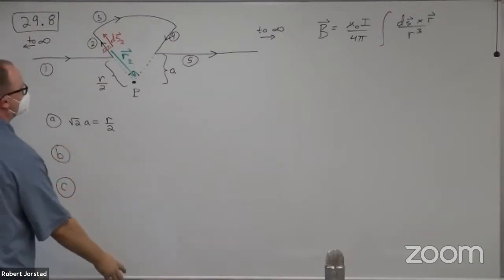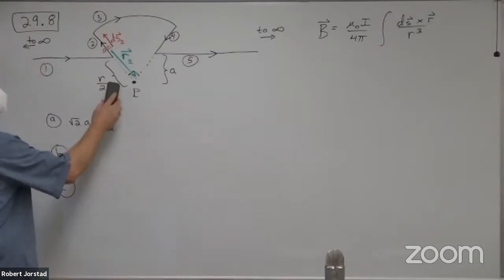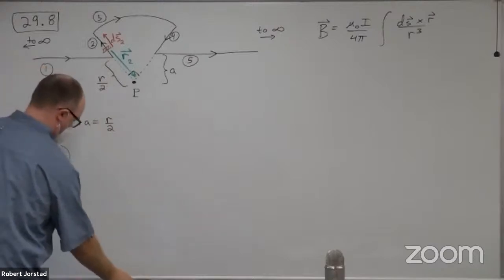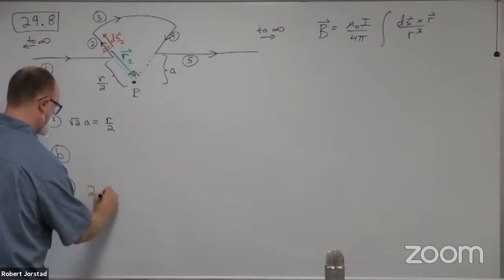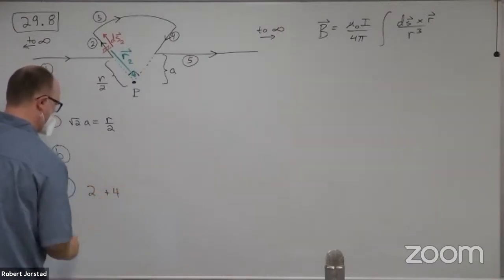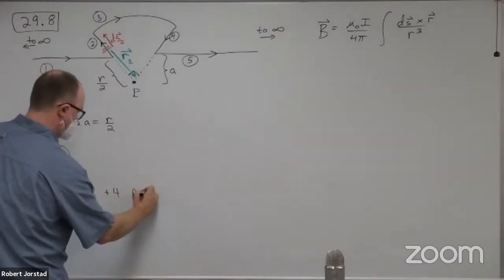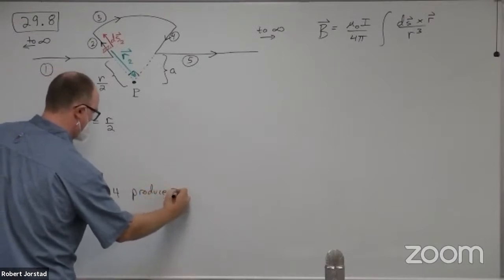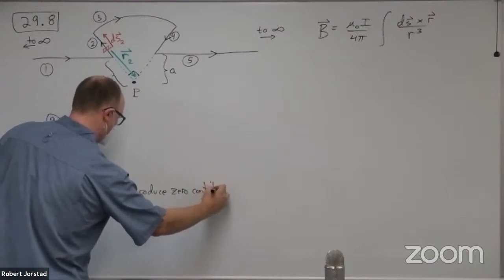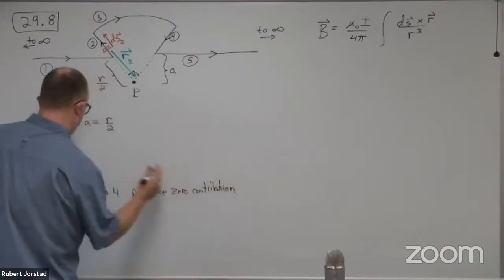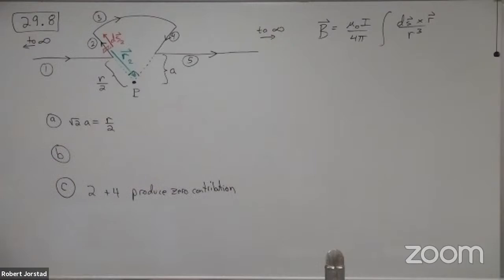So that's something you should know. Now I need to erase these here. Well, actually, I think I can leave those out. So in this case, segments 2 and 4 produce no field, right? That may help us get part B, because now we know we don't need to worry about those segments, right?